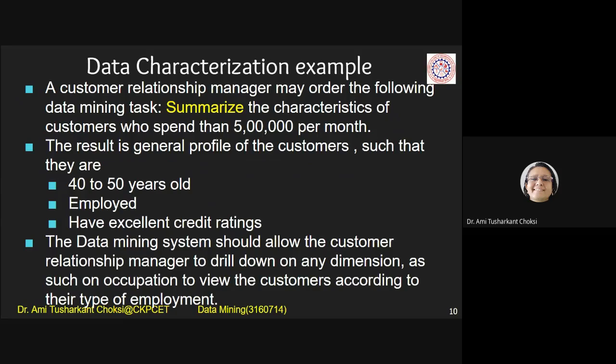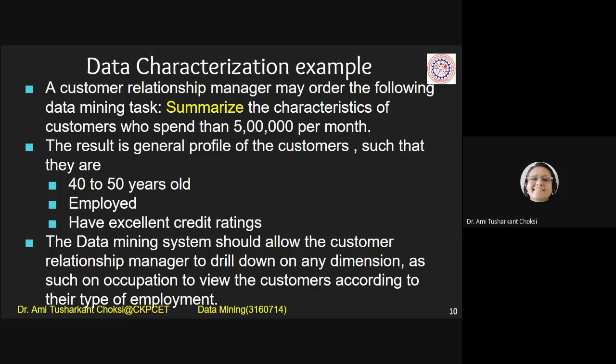That is, summarize the characteristics of customers who spend more than, say, 5 lakh per month. We want to summarize the characteristics of customers who spend more than 5 lakh per month.